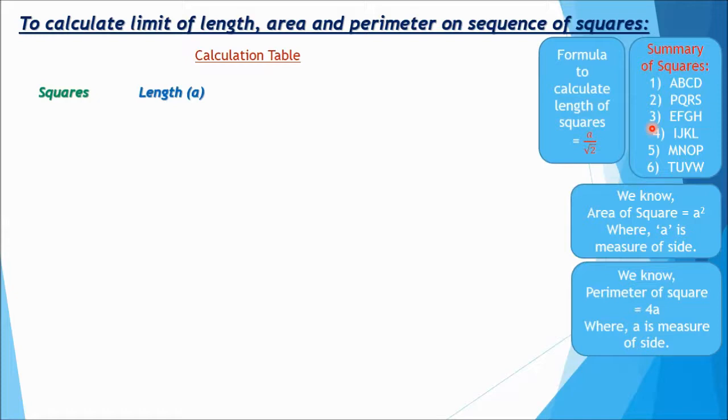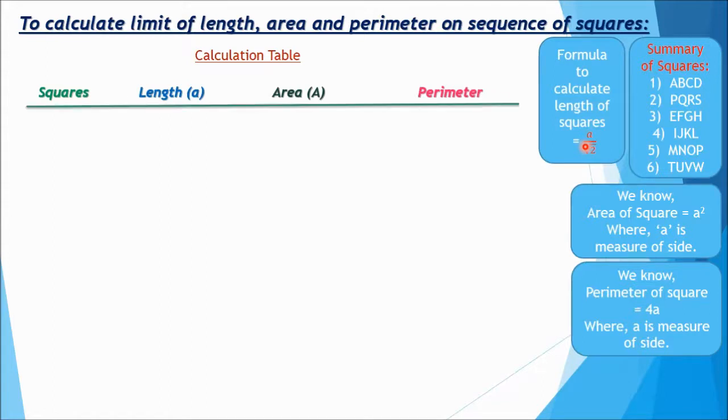For the first square ABCD the length is 64, and for PQRS and all other squares we have to calculate using the formula a by root 2. And you can see area A and perimeter P. Area will use the formula a square, and perimeter will use the formula 4a.